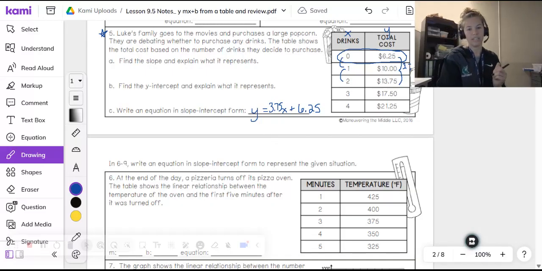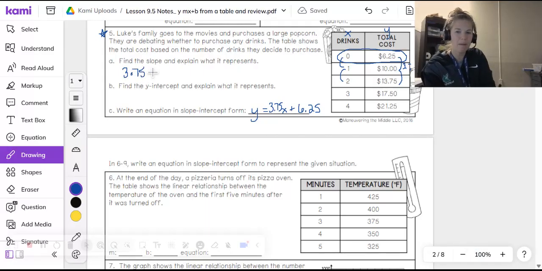Now, we need to relate those back to our problem. If my slope is $3.75, what does that mean in the context of the problem? Well, each drink I bought increased my price by $3.75. So $3.75 is the cost per drink, or for one drink.